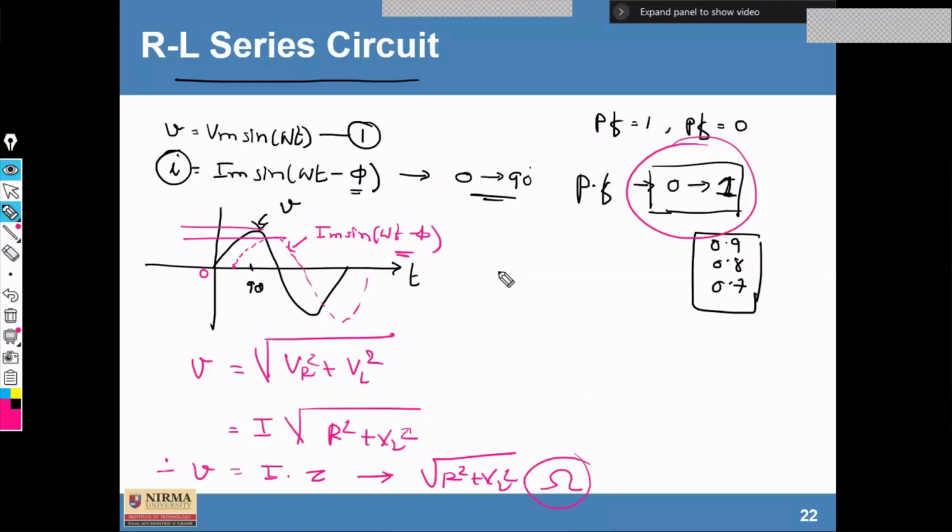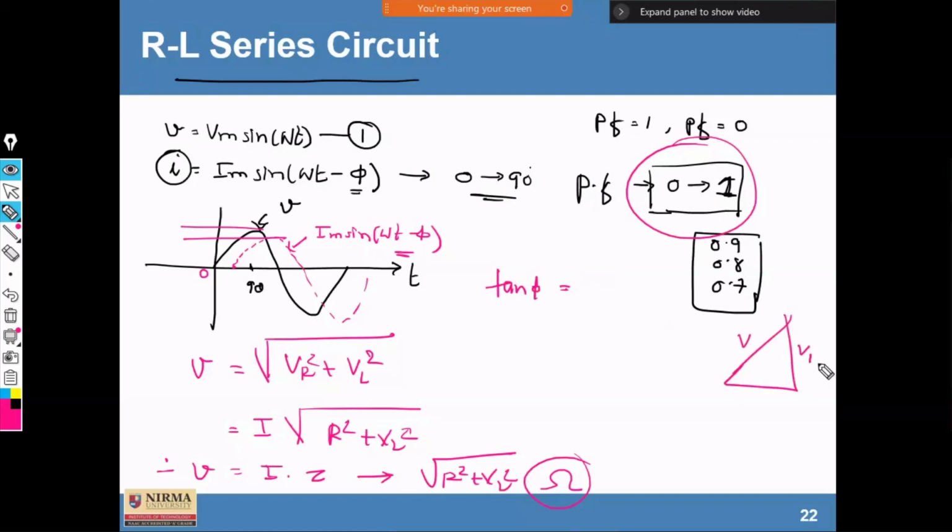Also, we derived the equation of tan phi, from the triangles called voltage triangle, power triangle, and impedance triangle. So we can write V here, VL here, and VR here. This is an angle phi. This is 90-degree.